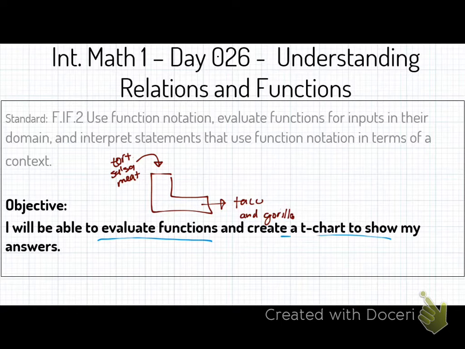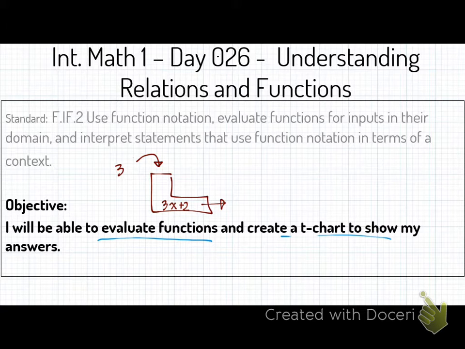But in math, we use the same idea. Let's say there was a math function, you're programming a computer, and you're saying, whenever a number comes into this, I want you to do the following with it. So, let's say I put in a number 3, and the computer's programmed to say, whenever you put a number 3 into this machine, it's going to go through here. It's going to get 3x plus 2. So it's going to be multiplied by 3, and then 2 is going to be added to it.